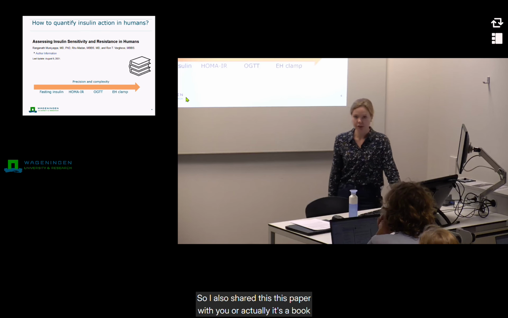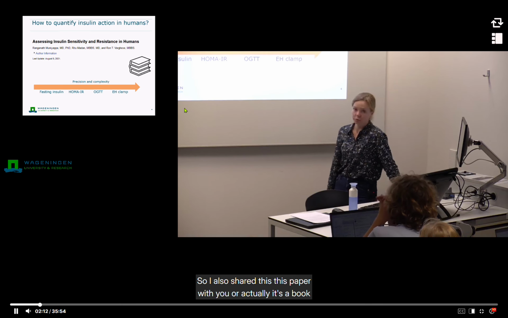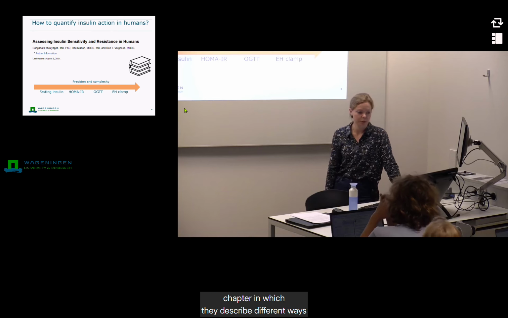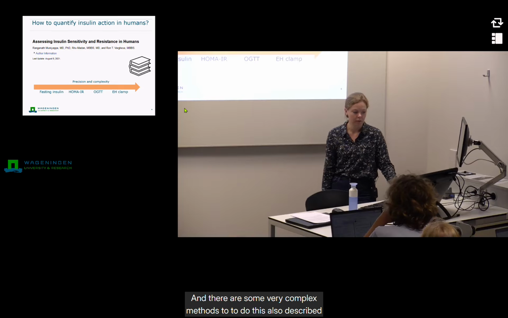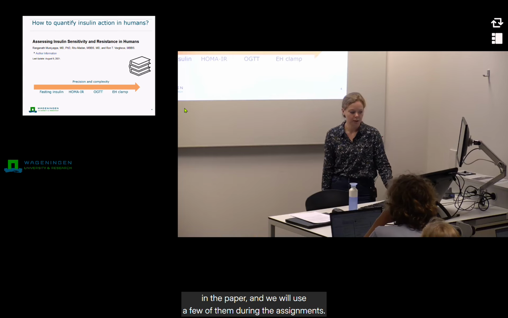So I also shared this paper with you, or actually it's a book chapter in which they describe different ways of assessing insulin sensitivity and insulin resistance. There are some very complex methods to do this, also described in the paper, and we will use a few of them during the assignment.